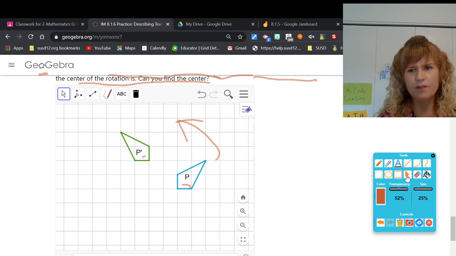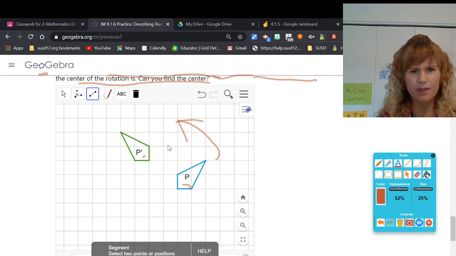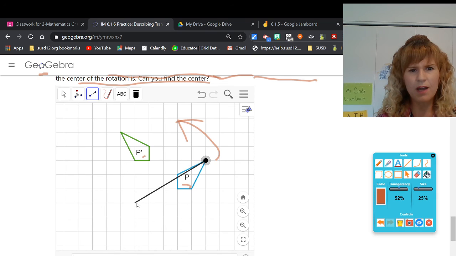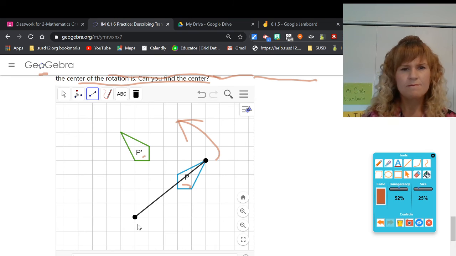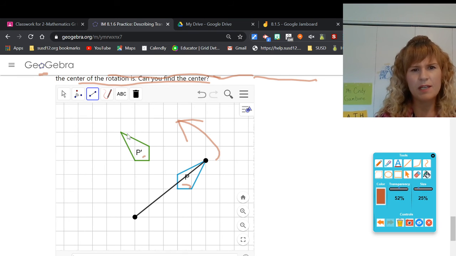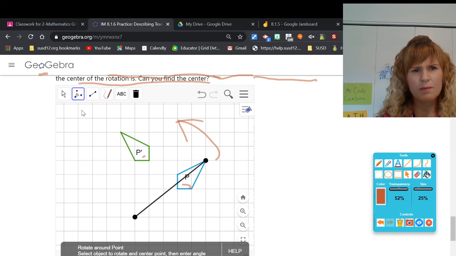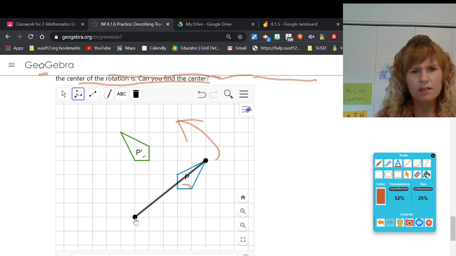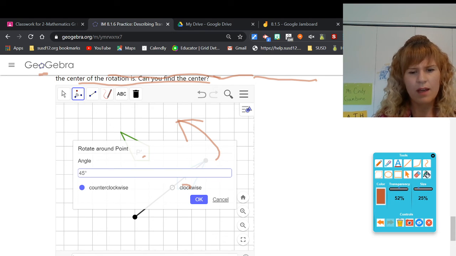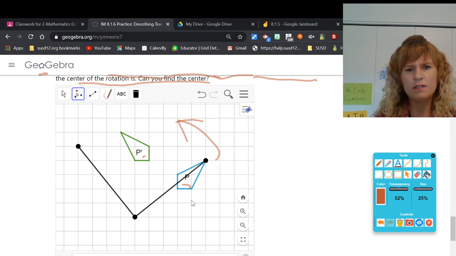Well, they give us a few GeoGebra tools to help us figure it out. What if I draw a line segment right here? Okay, if I rotate 90 degrees, would it point over to my other corner? Let me try. I'm going to click the line, then click the point, and draw in 90 degrees.